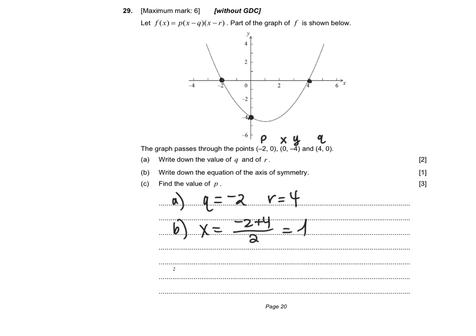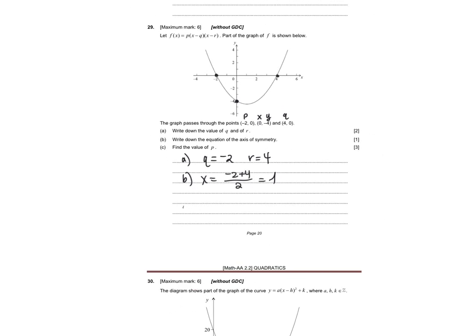So for C, we're going to have Y equals what we're finding out, P. Oh, this is not P. This is, sorry, Q, and this is R. Okay, so -4 equals P. X is 0, and Q is -2, so we're going to have minus a -2, which is +2, and 0 minus R, which is 4.